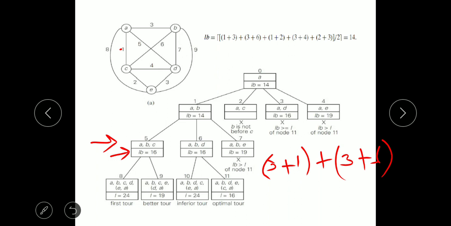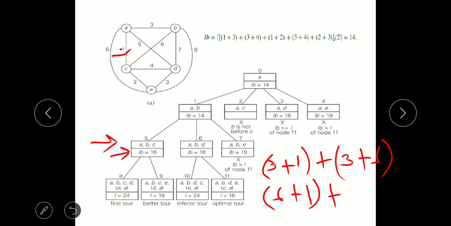We have an edge from B to C, in the sense we also have an edge from C to B. So its cost is 6, plus one more edge with a minimum cost which is adjacent to C, which is 1. So 6 plus 1, plus from vertex D, which we still have not included in the Hamiltonian cycle, we pick two edges with the least cost.